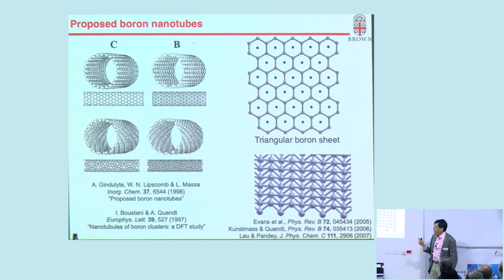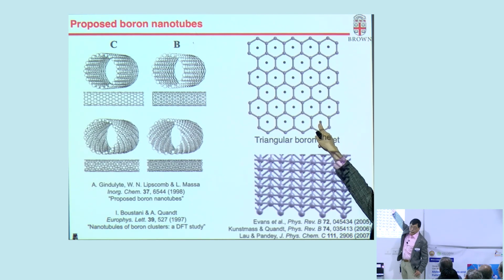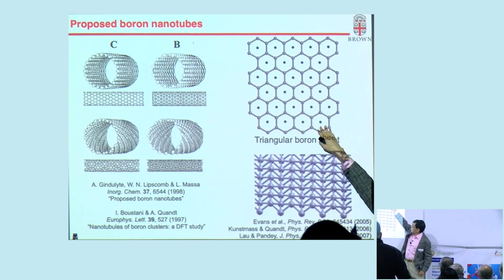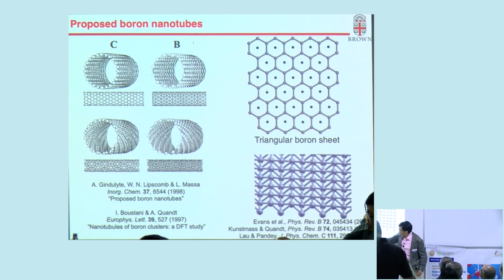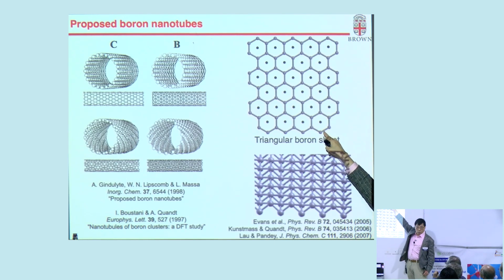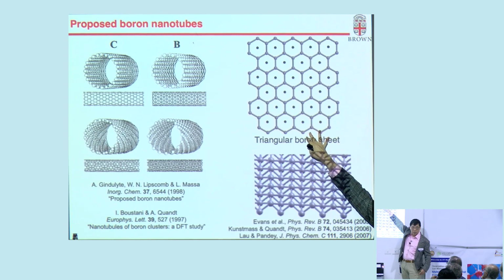To build a triangular lattice, you simply put a boron atom at the center of each hexagon. That's what these authors were using to build the boron nanotube. But boron has three valence electrons, so this triangular lattice is electron rich.